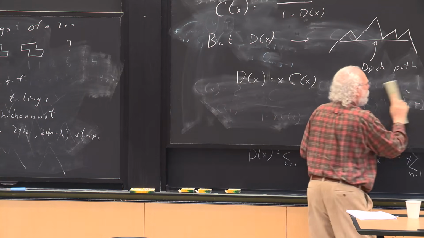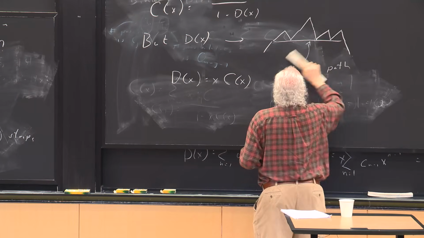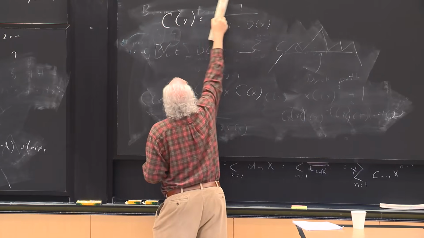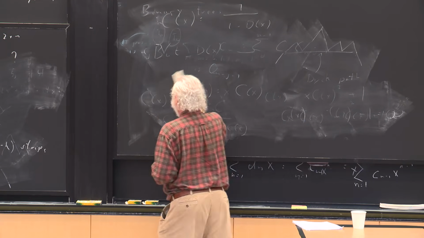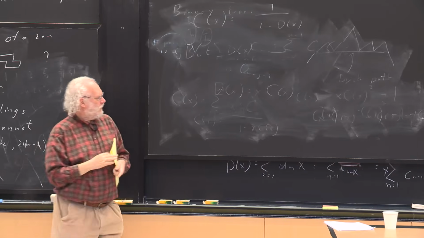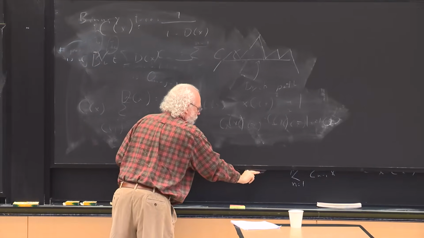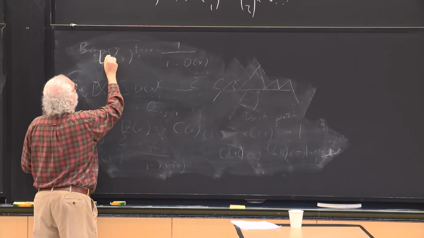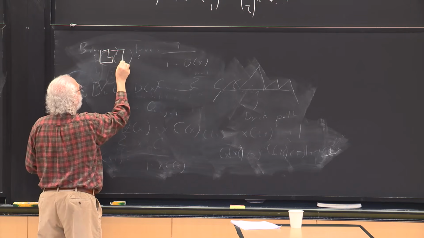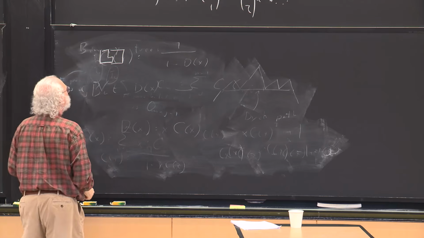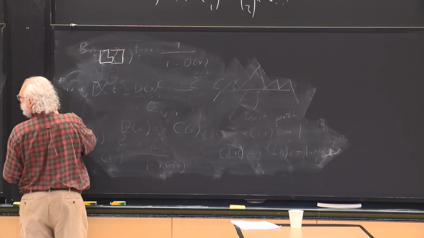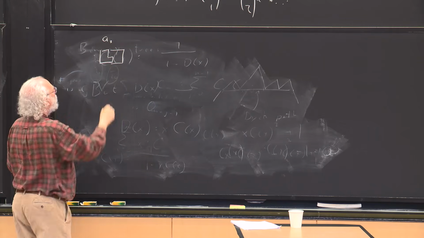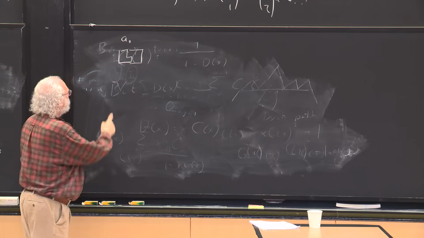Okay, let's try to figure out what these numbers are. So the smallest tiling is clearly this. And this is a sub 3 because this has length 3.